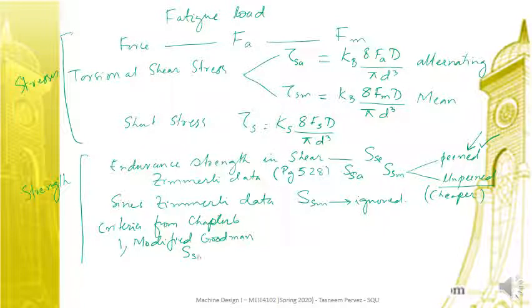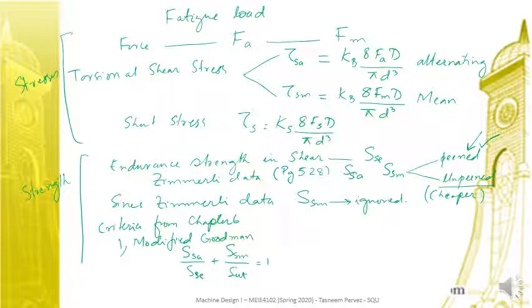SSA divided by SSE plus SSM divided by SUT is equal to 1.